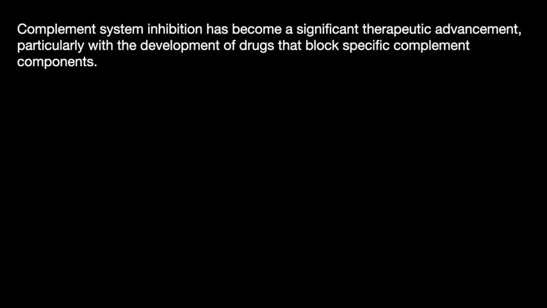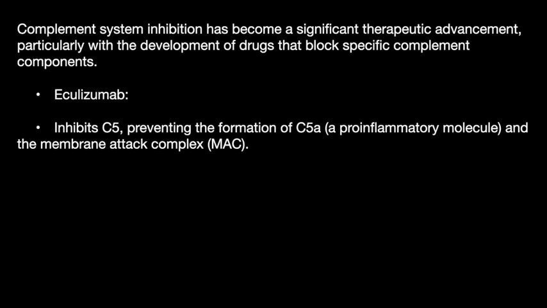Complement system inhibition has become a significant therapeutic advancement, particularly in the development of drugs that block specific complement components. The first one is eculizumab. It inhibits C5, preventing the formation of C5a, which is a pro-inflammatory molecule, and the membrane attack complex.